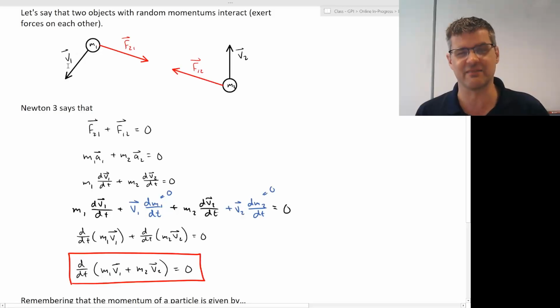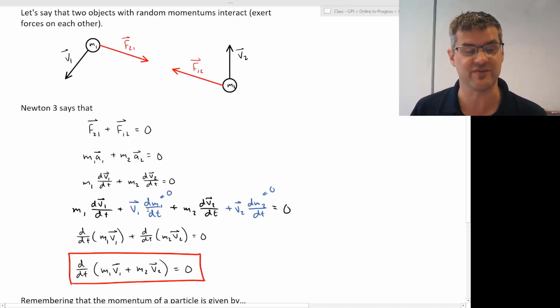These velocities can be in random weird directions, as is illustrated here. But taking these two terms and once again adding those expressions for 0 by taking the changing mass with respect to time and adding them in here, what we see is we have a change of M1V1 with respect to time plus a change of M2V2 with respect to time. They have to be equal to 0.